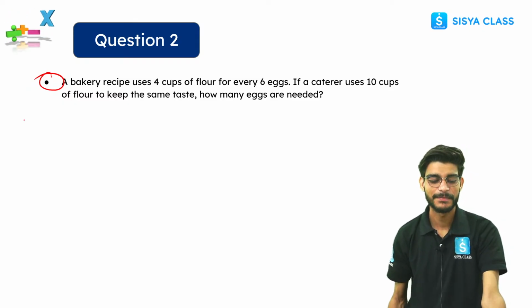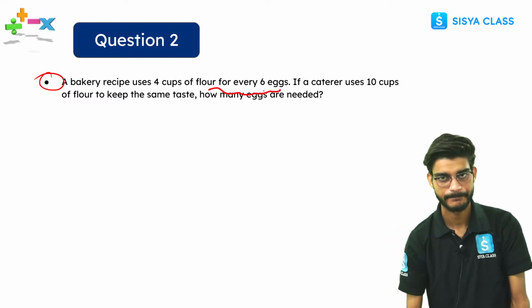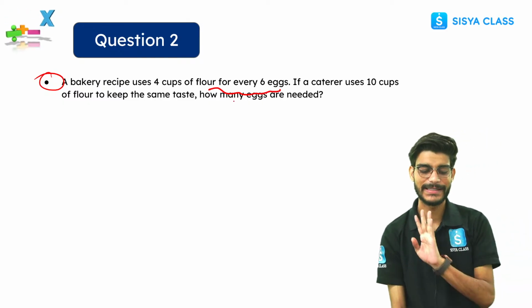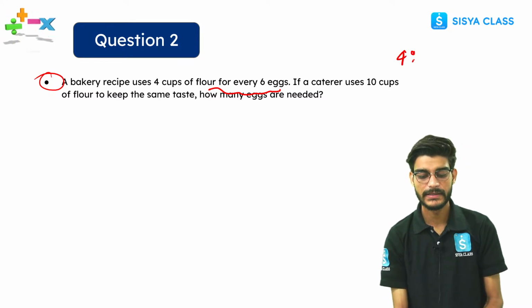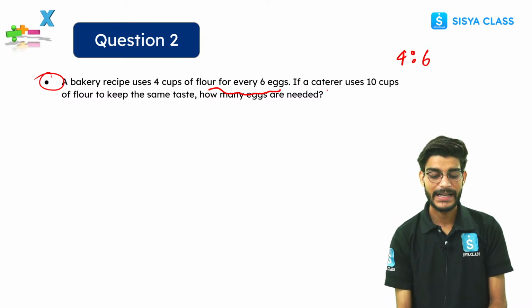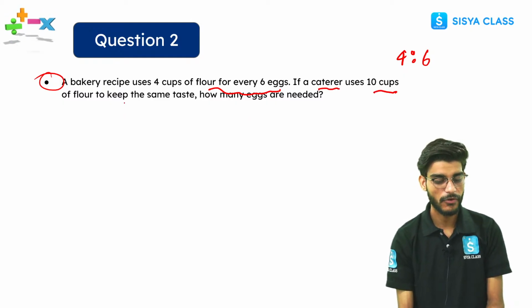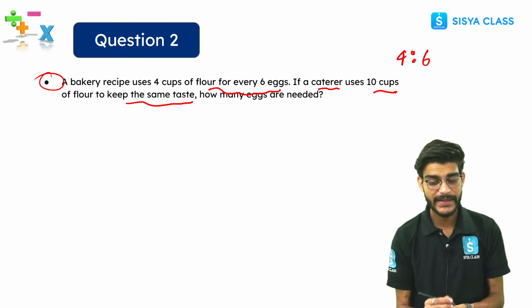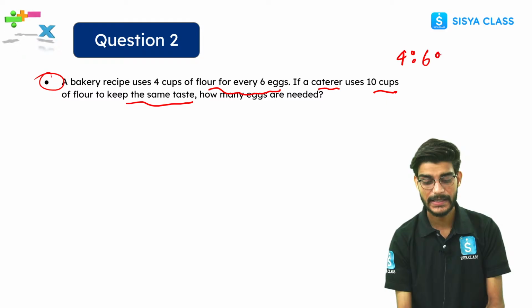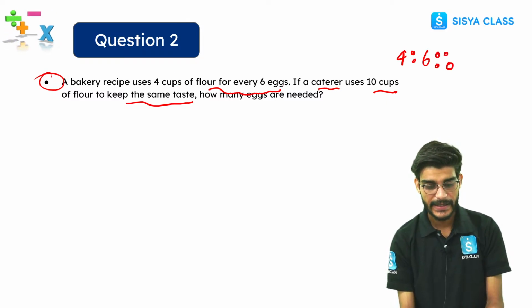A bakery recipe uses 4 cups of flour for every 6 eggs. Okay sir, 4 cups, 6 eggs. Basically it is 4:6. Now if a caterer uses 10 cups of flour to keep the same taste, how many eggs are needed? 4 cups, 6 eggs.